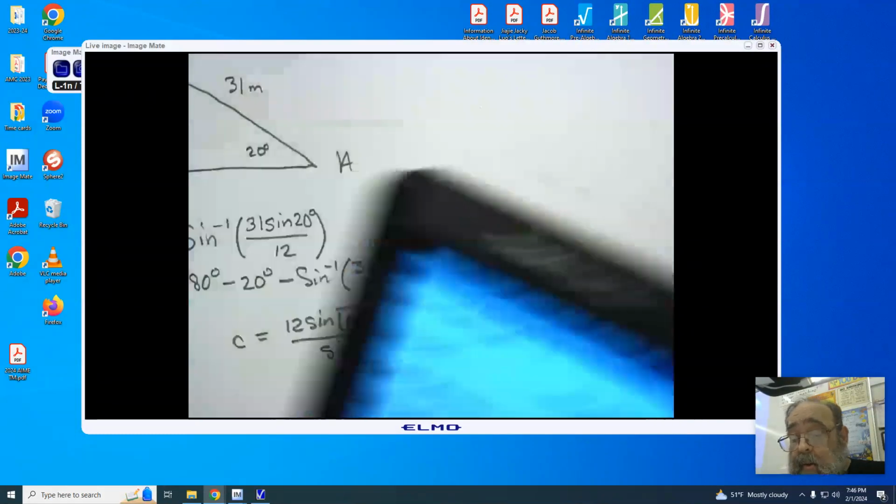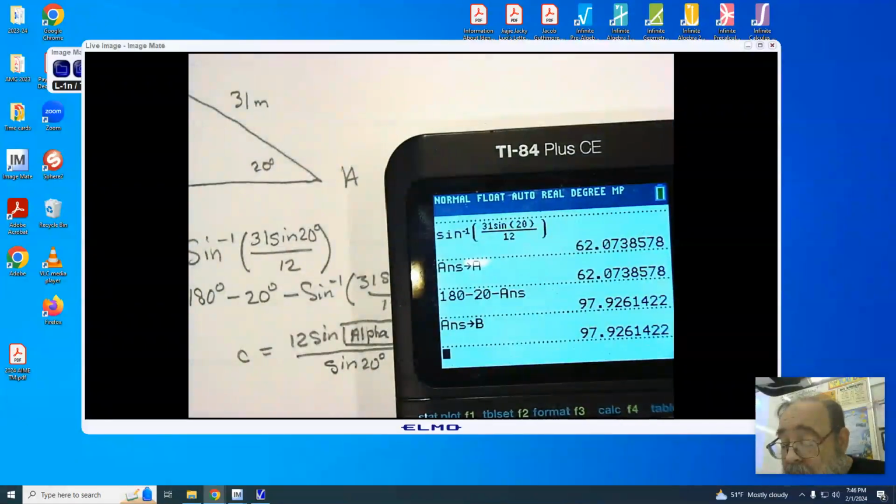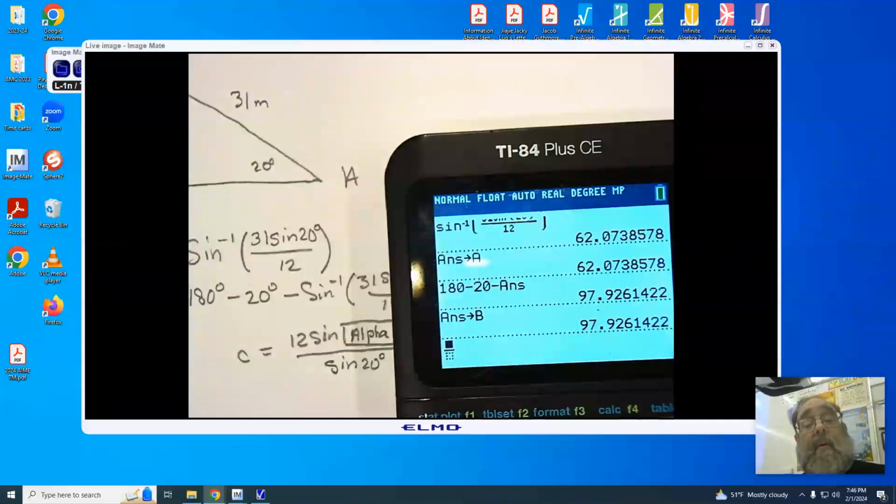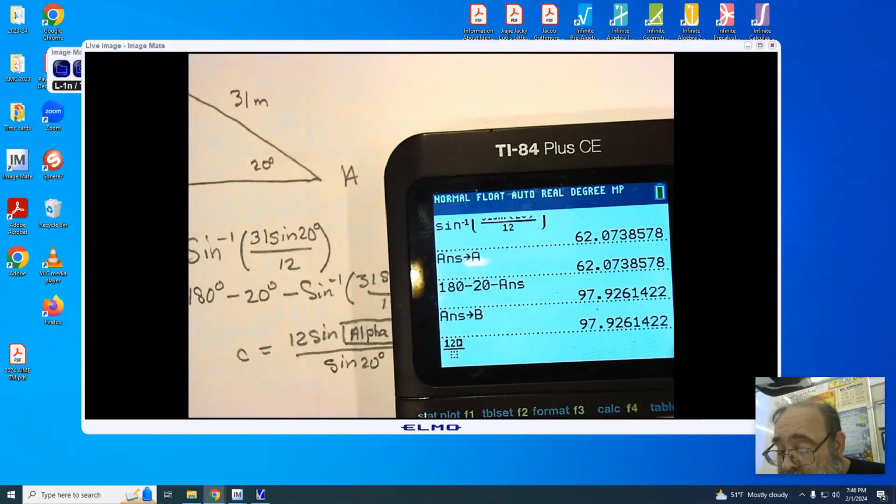So here we go. Start with the fraction, put in the 12, sine, and then hit Alpha followed by B. Close parenthesis, go to the denominator, and do sine of 20 degrees. Then hit enter.